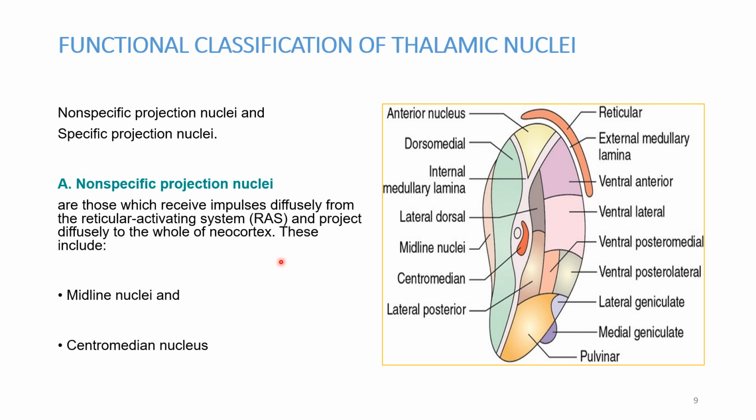Okay, so their afferents and efferents are diffuse. So they are non-specific projection nuclei. They are the midline nuclei and centromedian nuclei. Okay, so they are two, midline nuclei and centromedian nuclei.